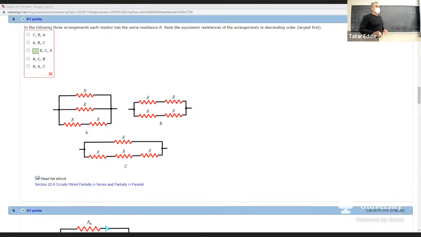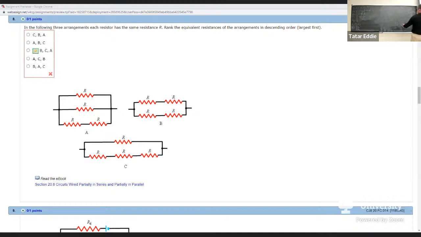Can you just look at this without doing the math and see that since B has two groups that are in series, and in series makes it bigger, it will automatically be bigger than C since it only has one group in series, or do you have to do the math? You have to do the math. You're really going to make a mistake if you don't. It's very easy to make mistakes here.